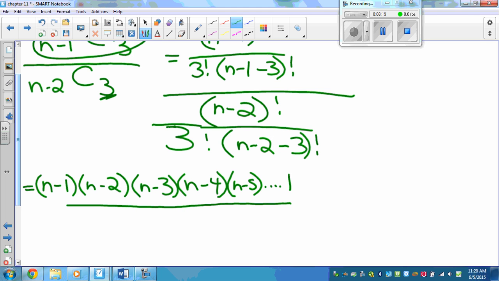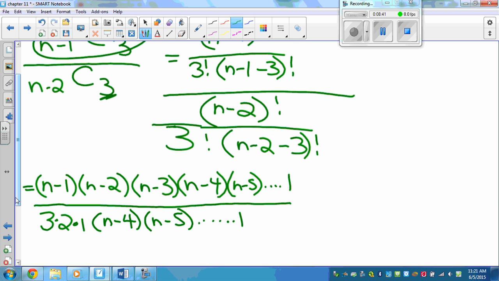That's divided by 3 factorial, so that's 3 times 2 times 1, times n minus 1 minus 3. Well, minus 1 minus 3 is n minus 4 factorial. So n minus 4 factorial starts looking like this: n minus 4 times n minus 5 and keeps going until 1.